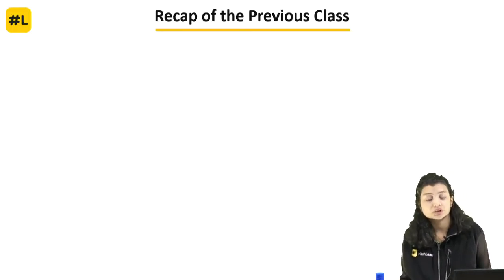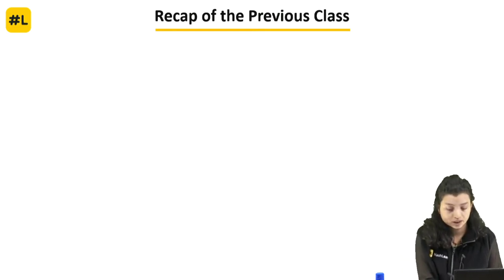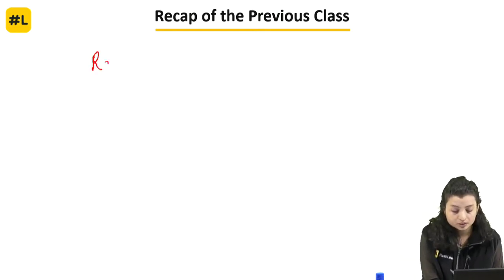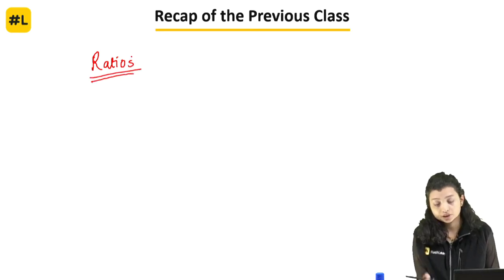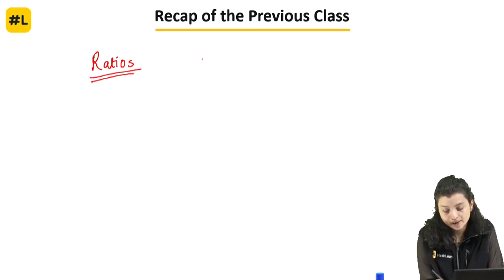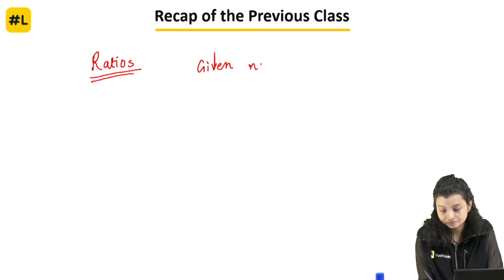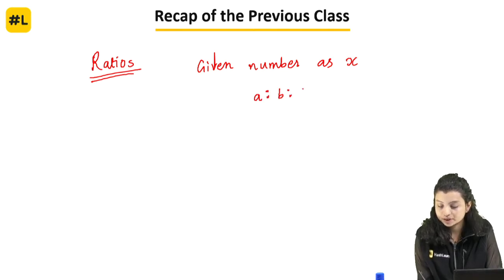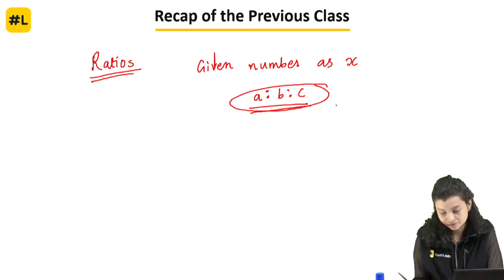So let's first do the recap of the previous class. In the previous class you have studied ratios, right? And in ratio what have you studied? How to divide a given number. Let's say I have a given number x, and I have to divide this given number in a is to b is to c ratio. So how do I divide it? The best strategy is just add all the ratios given to you.